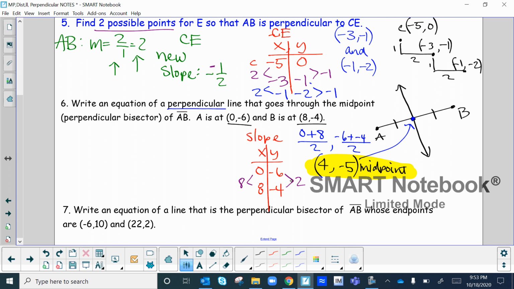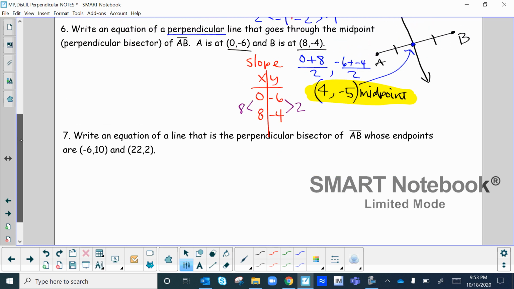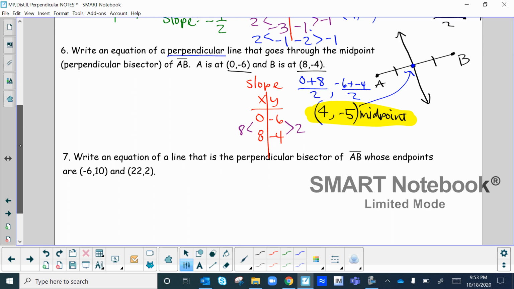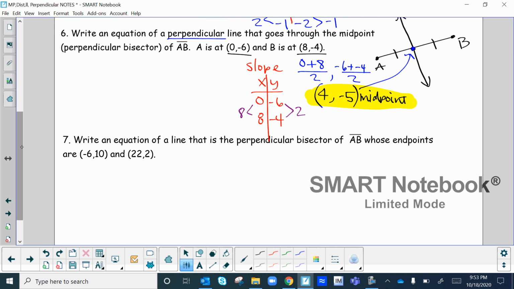So remember the slope is rise over run. So it's going to be 2, the change in y, over the change in x, 2 over 8, which reduces to 1/4. So the slope of line AB is 1/4.